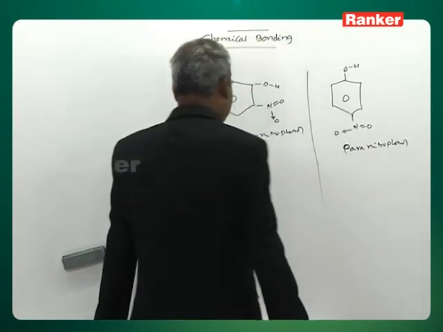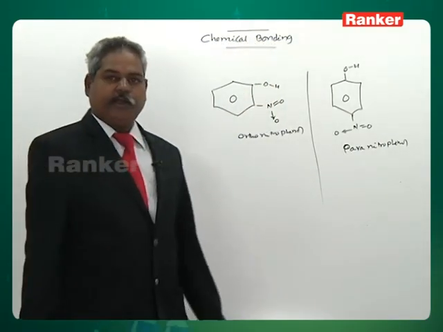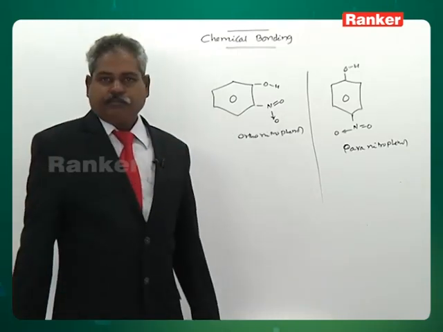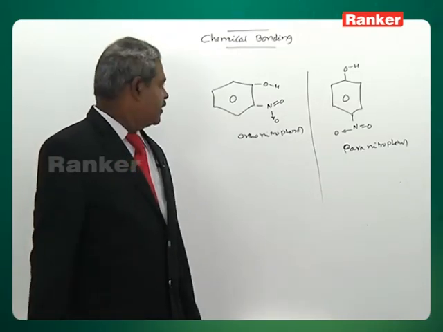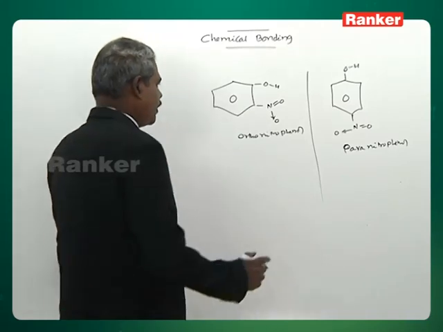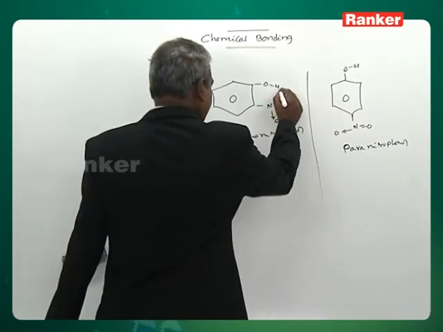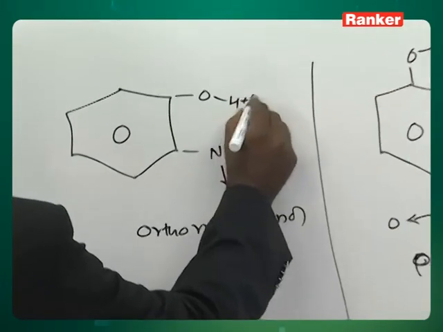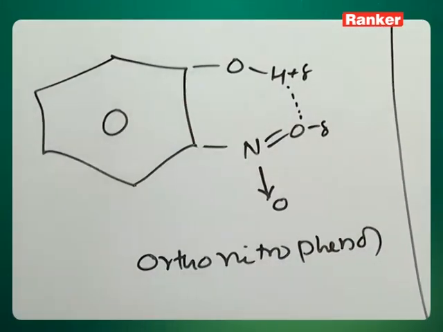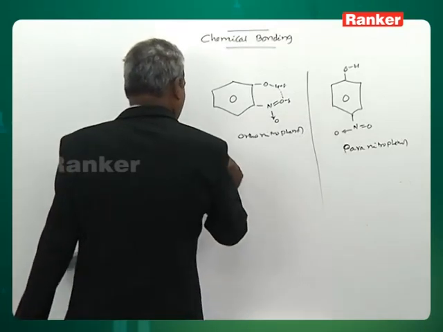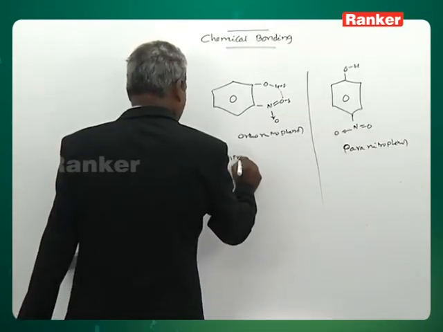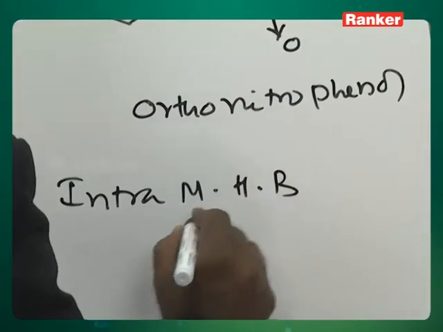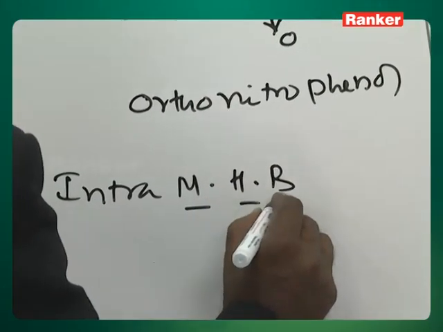Look here. Whose boiling point is more? Both of them have the same formula, both of them have the same molecular weight, but here you have attraction between these two molecules, H plus delta and O minus delta. This is called intramolecular hydrogen bond.